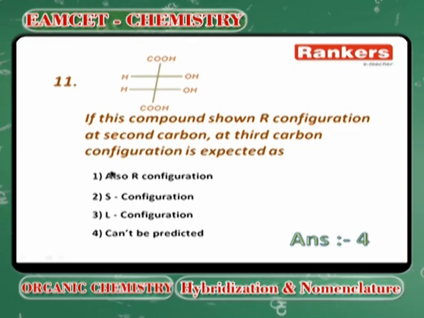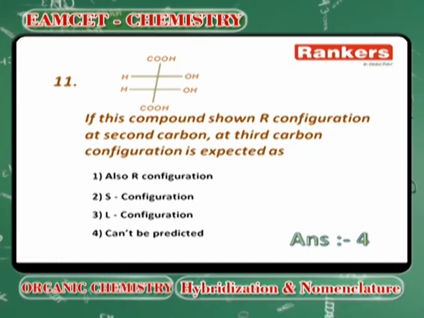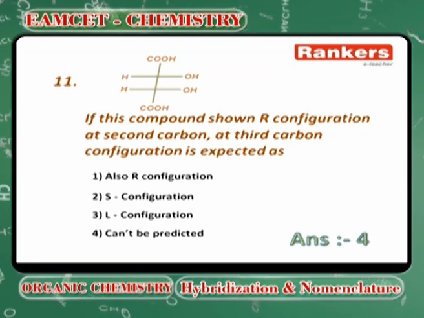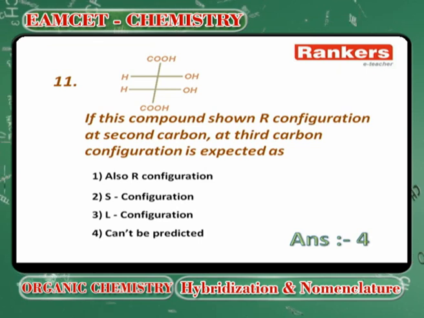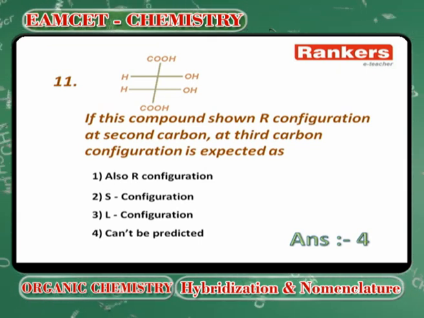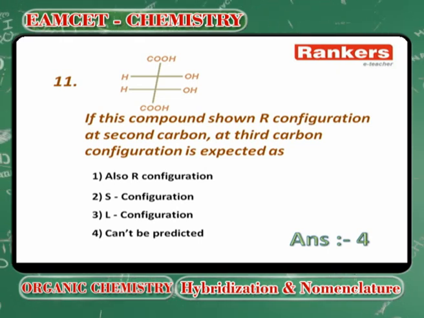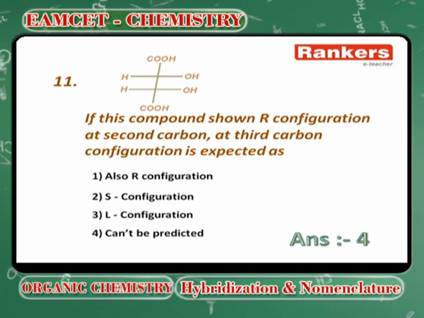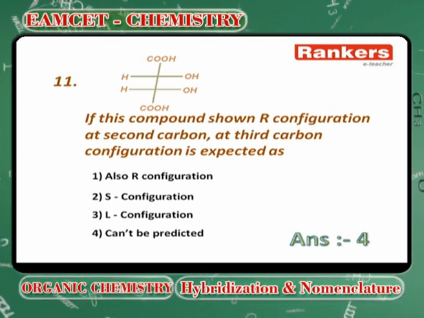So at the first carbon we have R, and the other, if it is a mirror image, it will be S actually. If the first compound is R, its mirror image is S. Therefore the answer is S configuration. The answer is mentioned as 4, but it is S, option 2. R and S are mirror images there. Next.